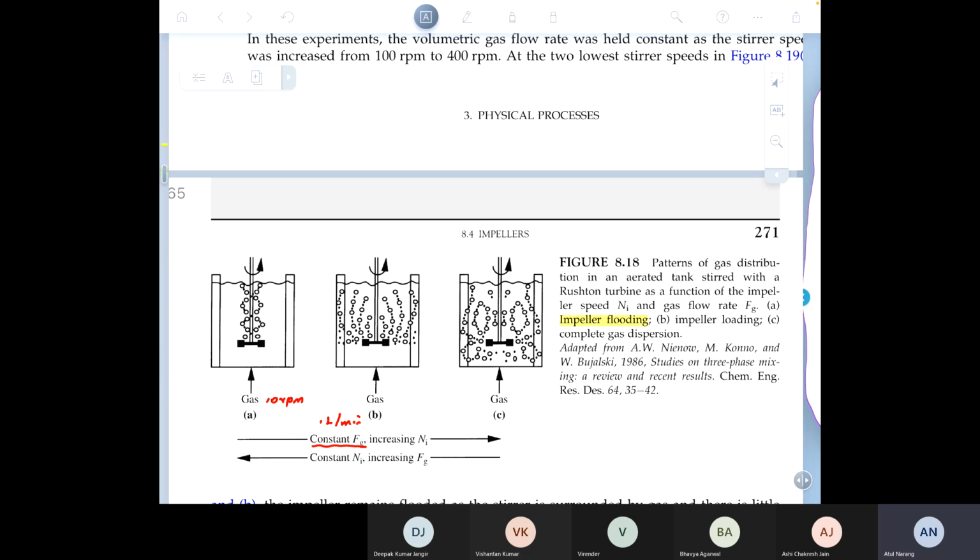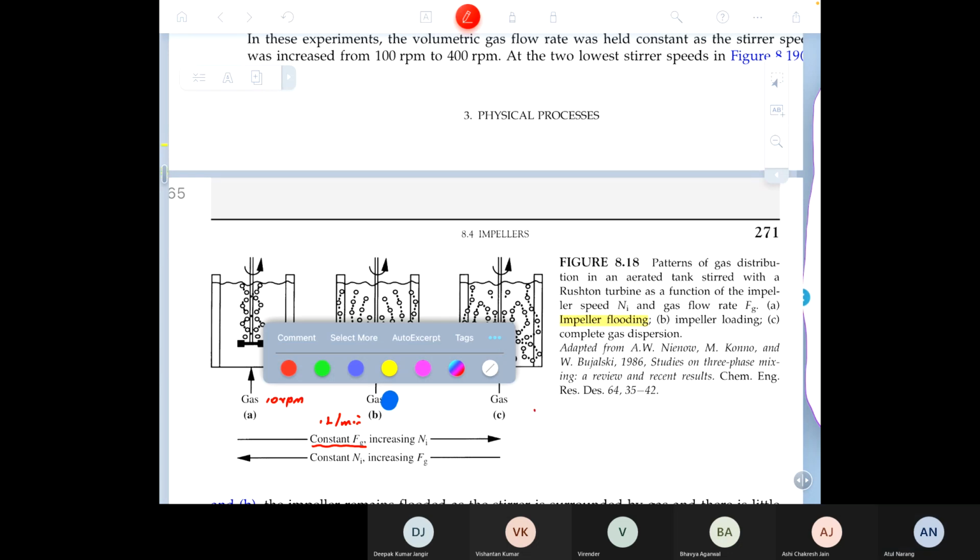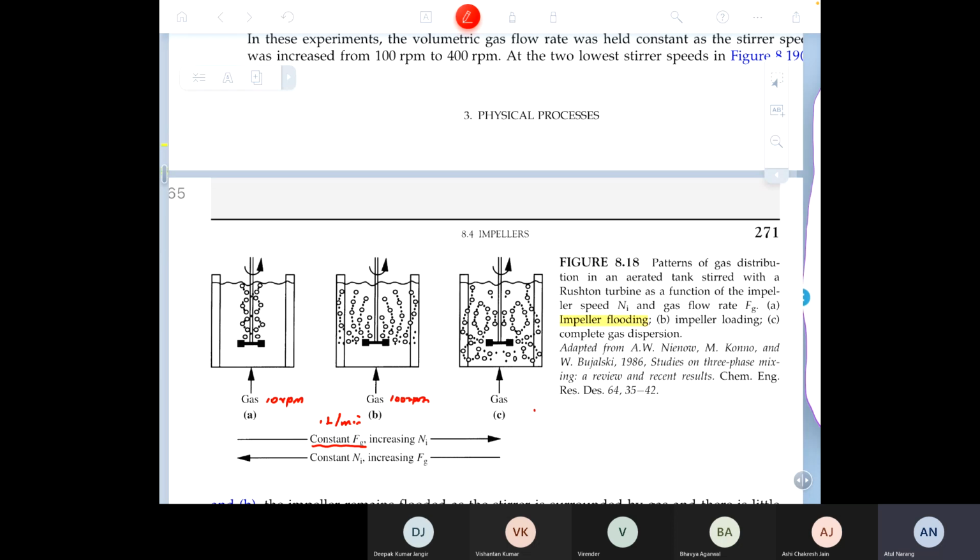If you increase now the impeller speed from 10 RPM to say 100 RPM, keeping the gas flow rate constant, so we're still maintaining the gas flow rate at 1 liter per minute, what you find is the picture shown in the second case, where the gas now starts to spread.